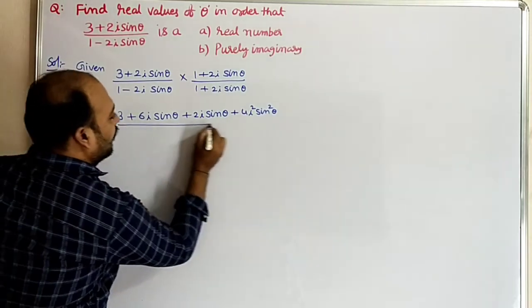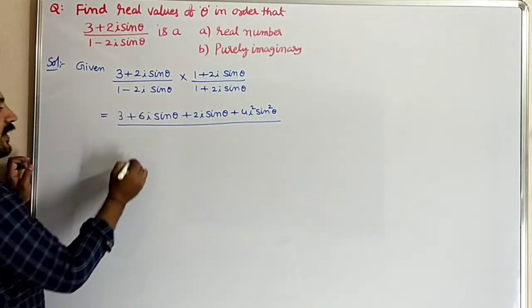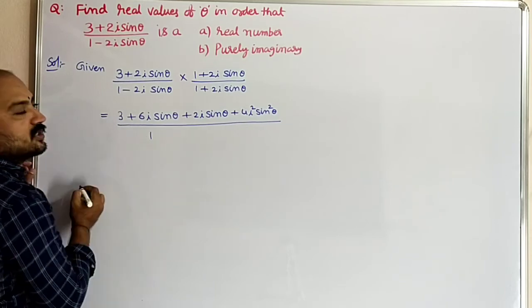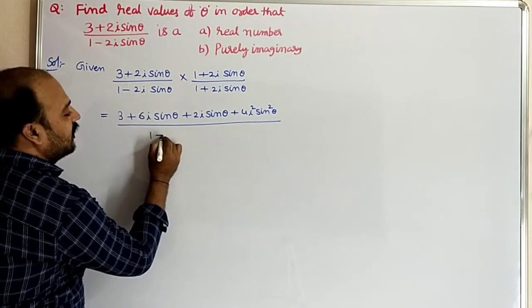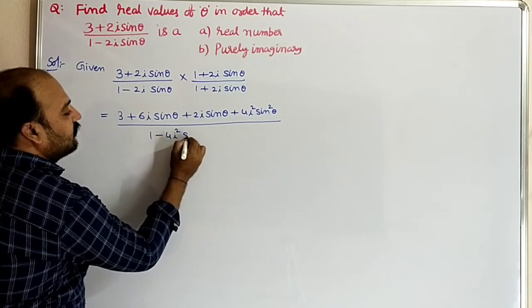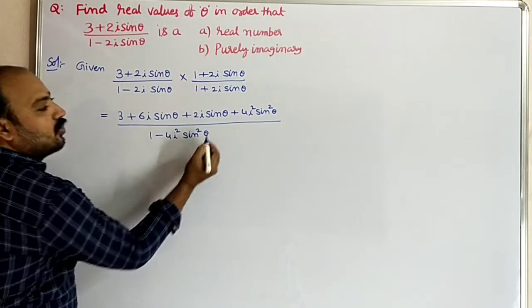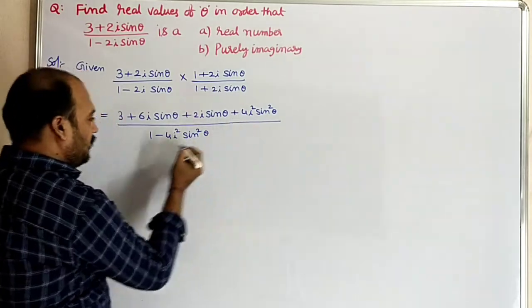whole divided by (a + b)(a - b), a square minus b square. A square means 1 square minus (2i sin theta) whole square, that means minus 4i square sin square theta. We know that i square is equal to minus 1.